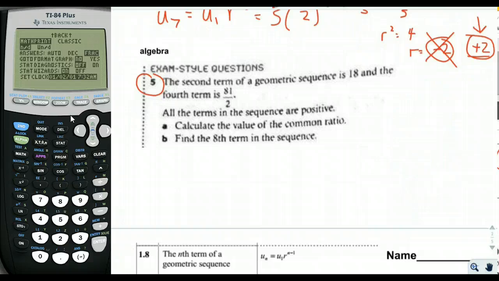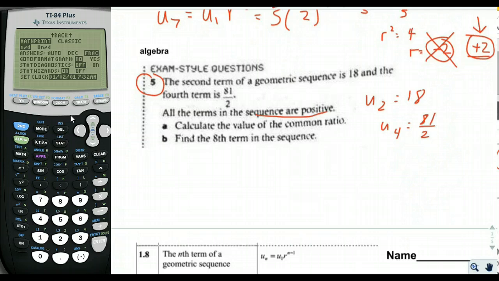The second term of a geometric sequence is 18, and the 4th term is 81 over 2. All the terms in the sequence are positive. Now we know why they're saying that, because of the previous problem. Calculate the value of the common ratio.